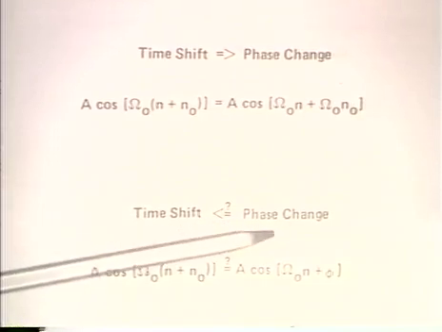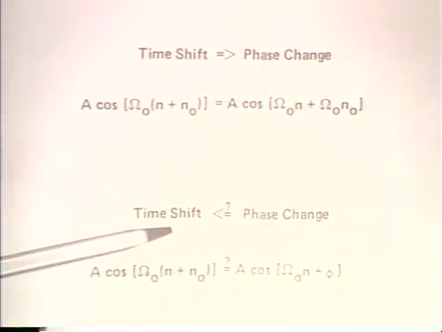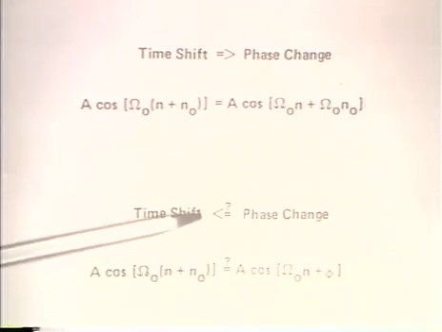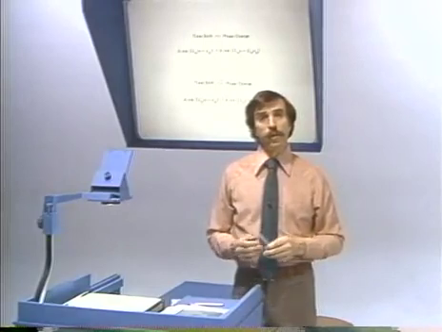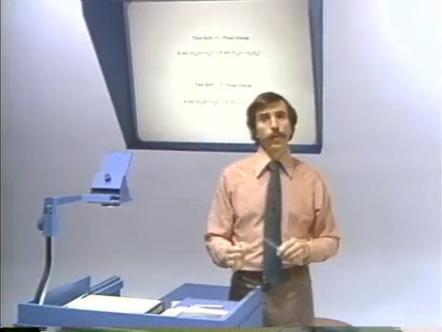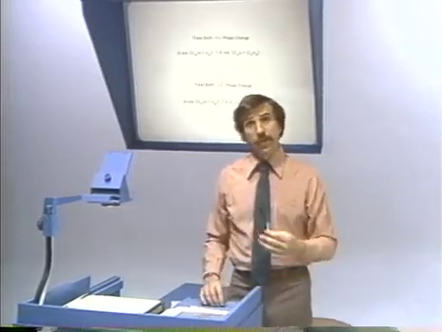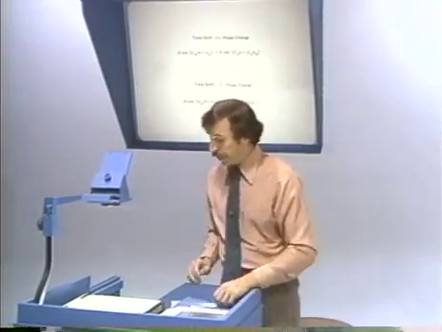Now, we know that that is true, namely that this statement works both ways in continuous time. Does it in discrete time? Well, the answer, somewhat interestingly or surprisingly until you sit down and think about it, is no. That it is not necessarily true in discrete time that any phase change can be interpreted as a simple time shift of the sequence. And let me just indicate what the problem is.